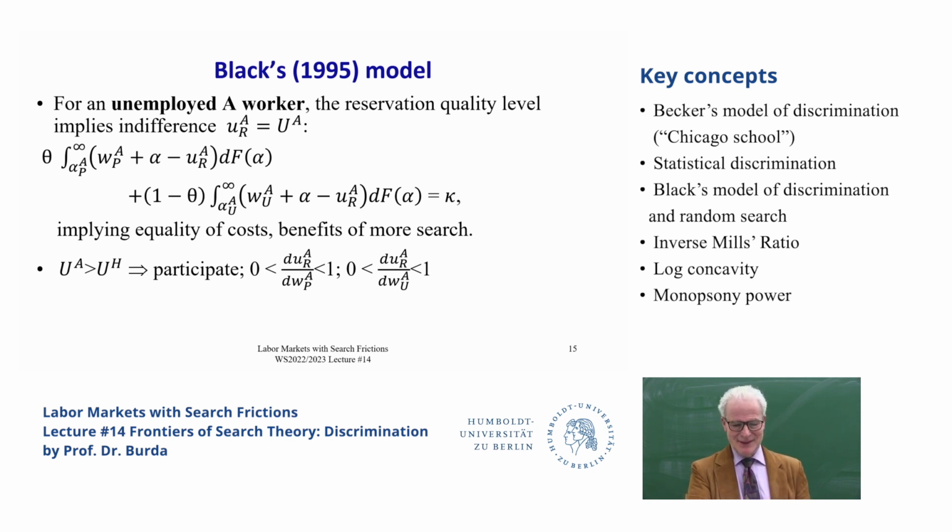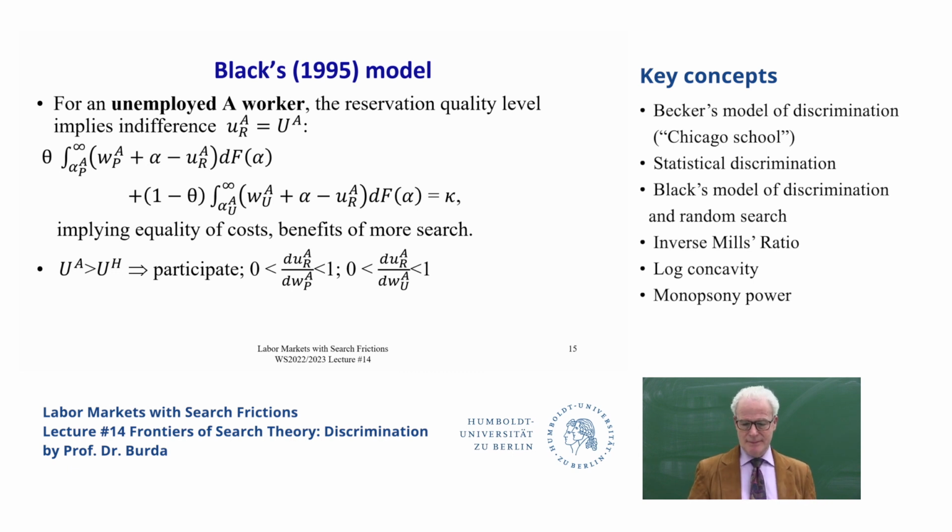Okay, so it's not really a compelling or very surprising assumption. You need that to make this thing work. Under those conditions, basically, you can show that increasing the wage offer to a person who's of A type will increase utility, okay, but it won't increase it one for one.